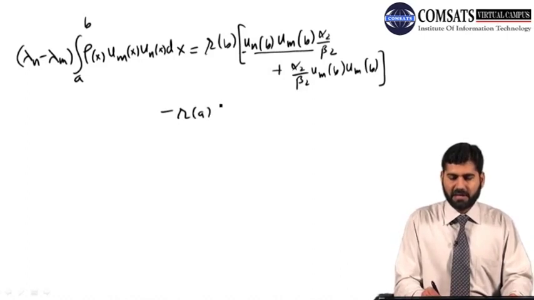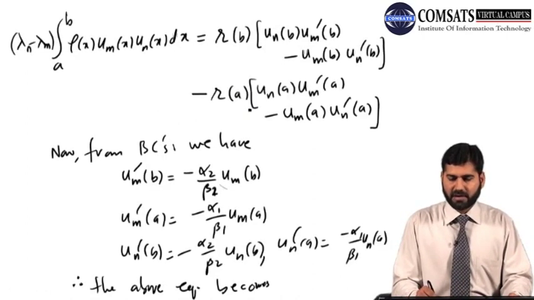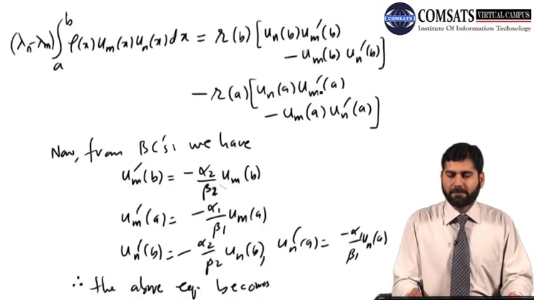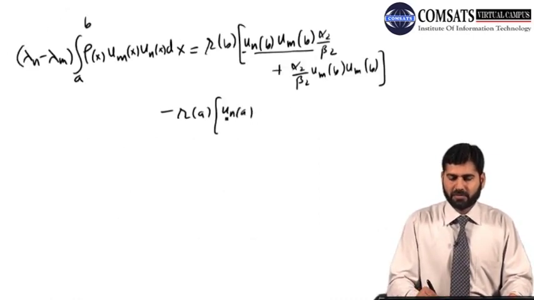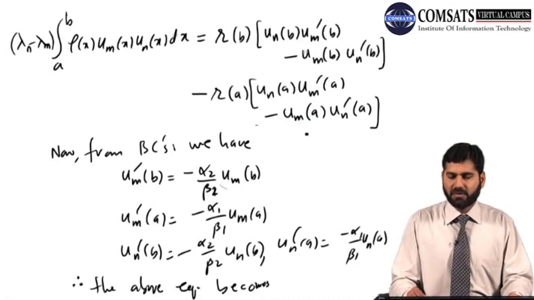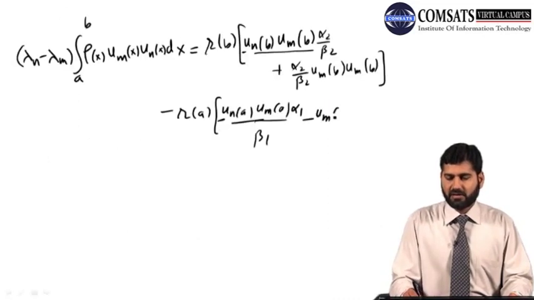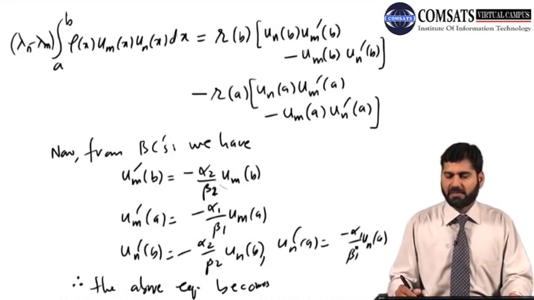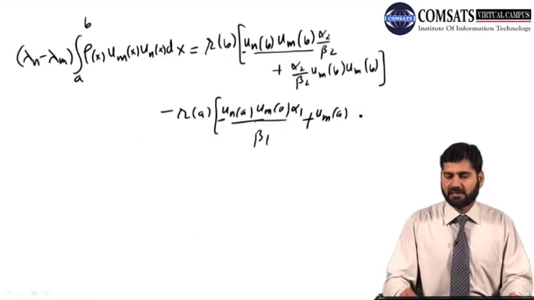Then minus r of a, you have um a un prime of a, which is minus alpha 1 by beta 1 un a, so plus um a un a alpha 1 by beta 1, and then un a um prime a is alpha 1 by beta 1 um a, so minus sign. So this is what you got.